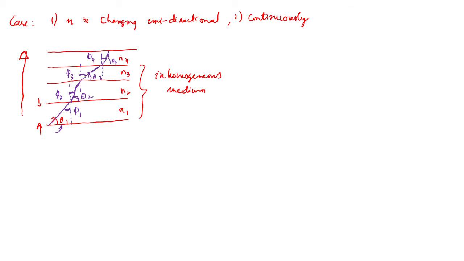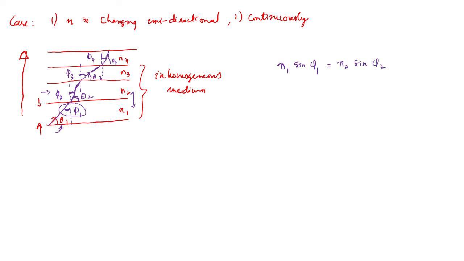It is incident at the interface between N1 and N2 with an angle of phi 1, and it gets refracted by phi 2. Now if I use Snell's law for the interface N1 and N2, I can write N1 sine phi 1 is equal to N2 sine phi 2.